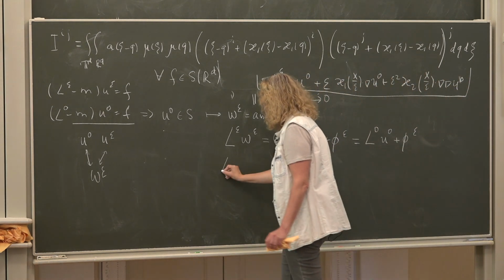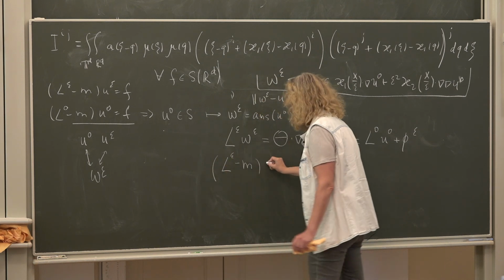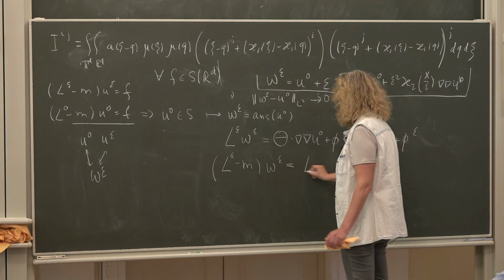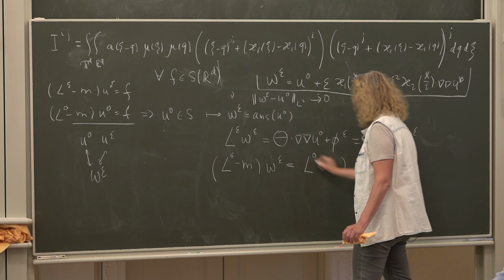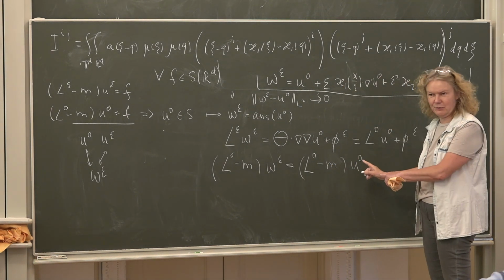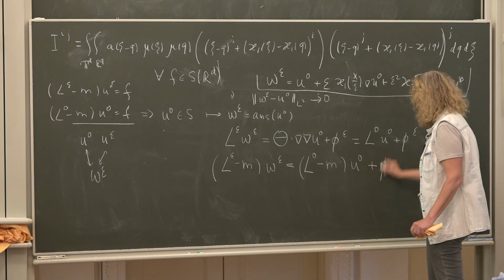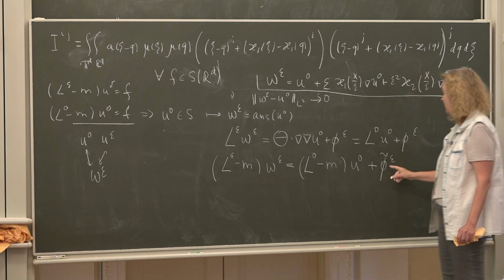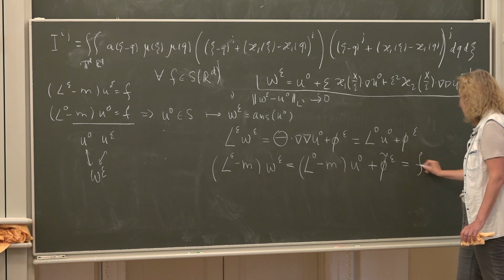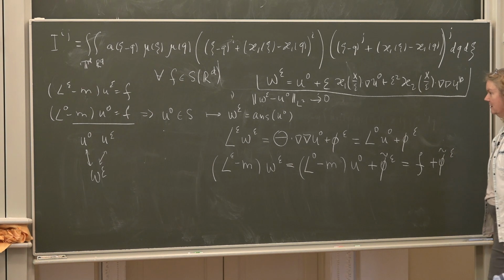Then we can conclude that L epsilon minus M w epsilon is equal to L0 minus M u0, u dot, plus some other function phi epsilon, but again with a small norm. So we have F here plus phi epsilon.